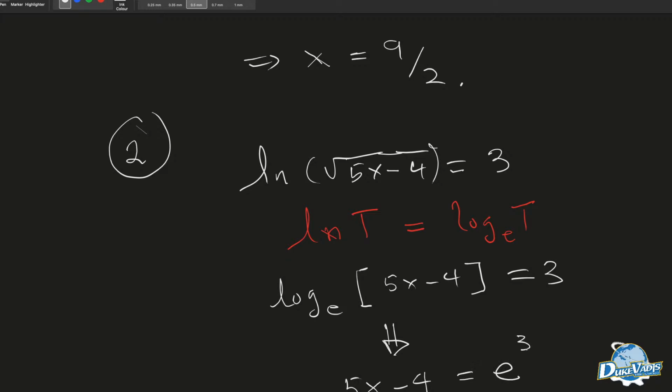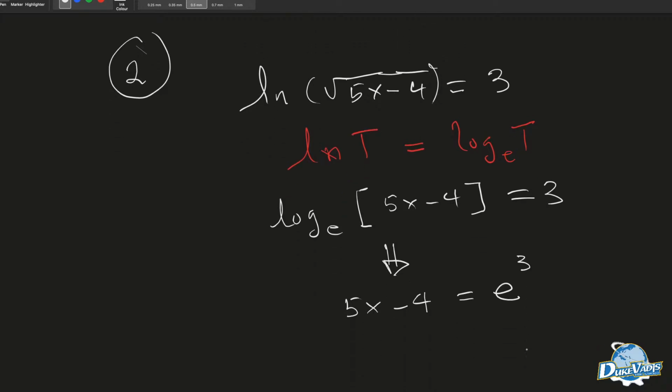If we want to get rid of the log, once again we will say that 5x is equal to 4 plus e to the power 3.